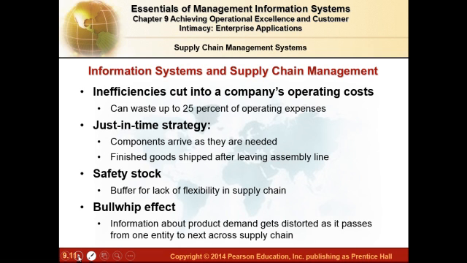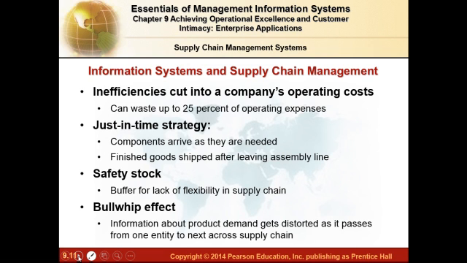Now we look at information systems and supply chain management. Before this we already know what is an information system for the organization. If we want to achieve operational excellence and competitive advantage, can you still remember the four factors? Operational excellence, customer intimacy, new products and also decision making.